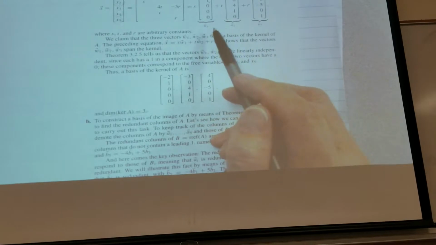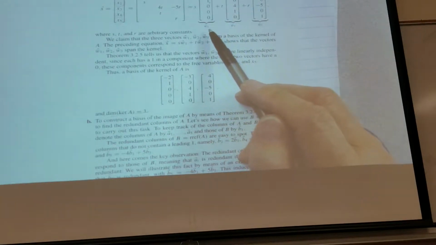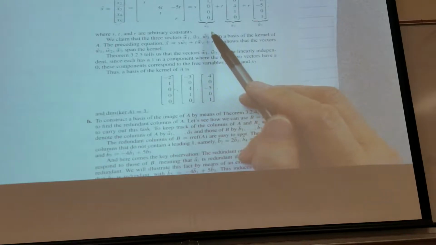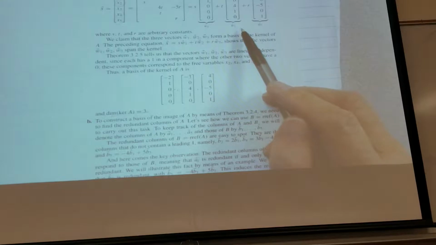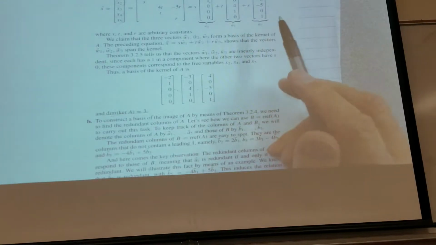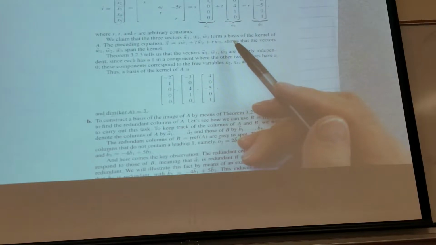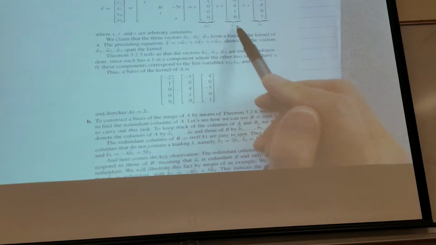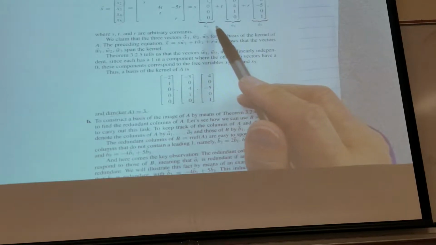So I find 3 vectors denoted by W1, W2, W3. So the conclusion for this part is that these 3 vectors span the kernel, right?